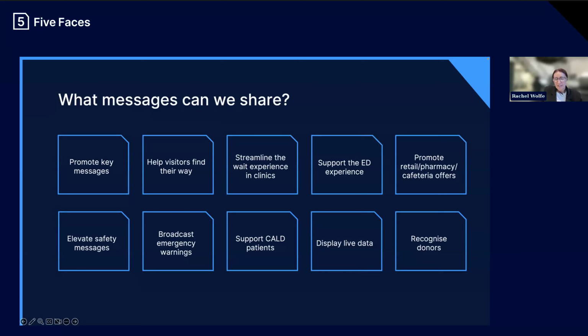The other example that I really like there too, Kel, is broadcasting emergency warnings. We're working with a client now where we can integrate with their building management or building early warning system. If there is a fire alarm or an evacuation going off, that will actually integrate and display on our digital signage solution.